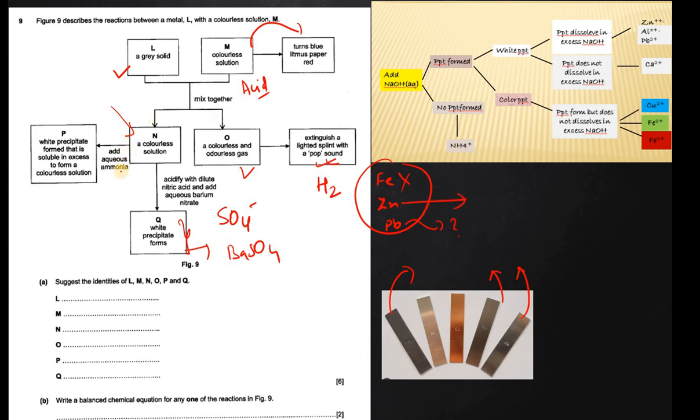Now when you add aqueous ammonia, a white precipitate forms that is soluble in excess and forms a colorless solution. So it is very clear, the only one remaining whose precipitate dissolves in excess is zinc, which is a gray metal, and there is no doubt.